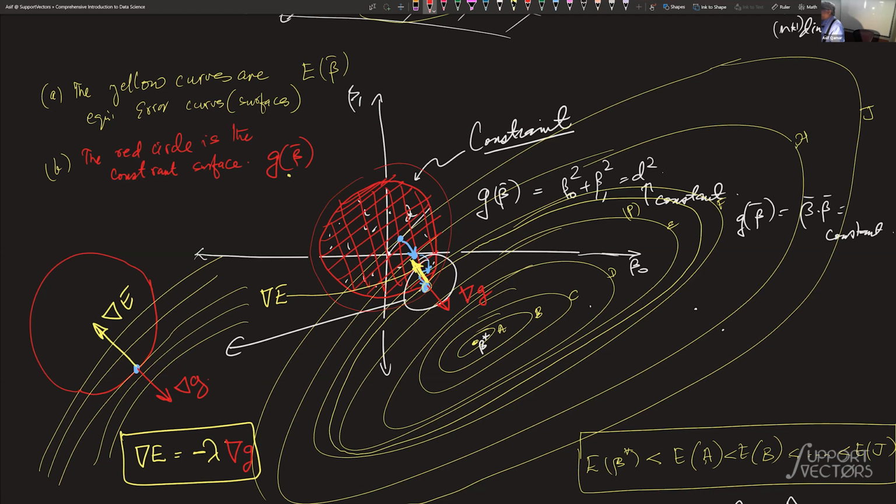What is the point? I mean, why do we have a constraint surface? Just say that we don't want our betas, the parameters, to become big. So we say that we will stay tightly close to small values of beta. We're saying I have a budget: none of the betas can be more than some constant, right? So what happens?